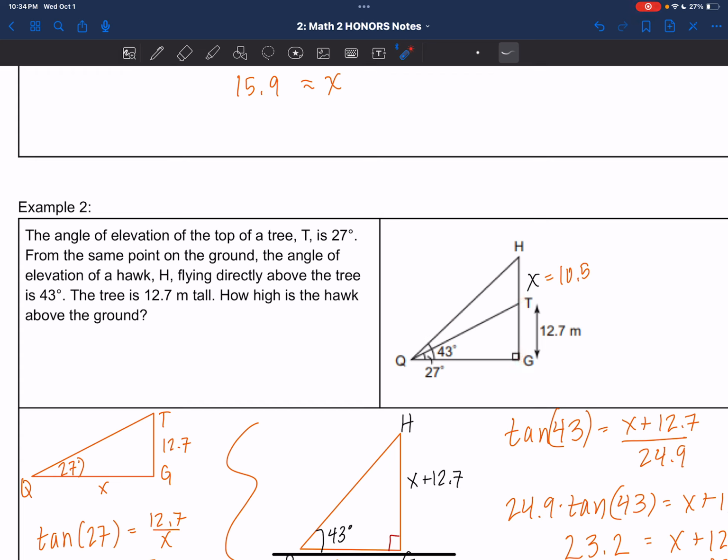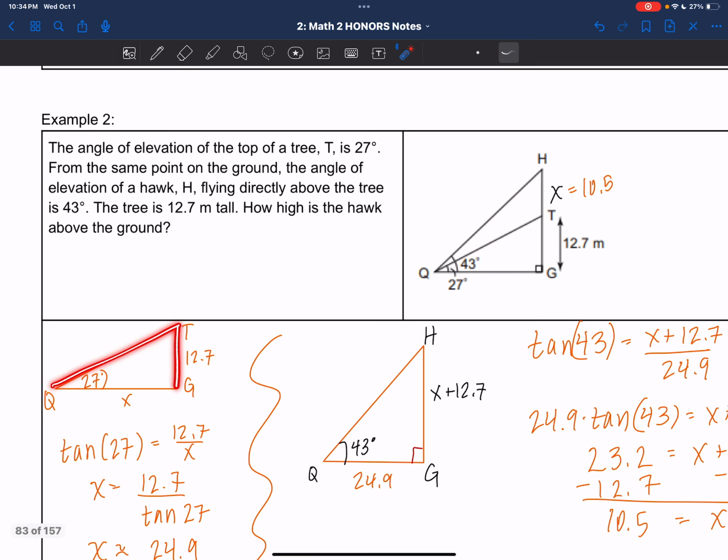So what we're going to do is break it down into two separate triangles. So I'm going to first do the little triangle right here, which this is 27 degrees. So it did tell us the tree was 12.7, and we want to figure out, once we get this, then we can go ahead and find that.